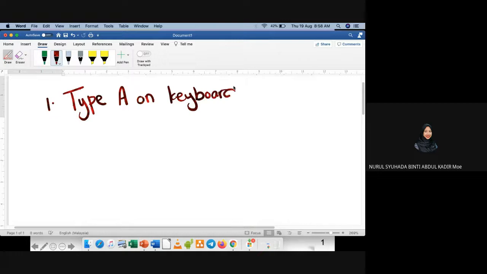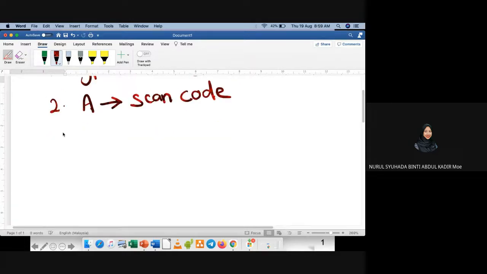And then what actually happened is the A itself will be converted into scan code. And then after it is converted into scan code, apa yang terjadi adalah scan code ni will be sent to the system unit.